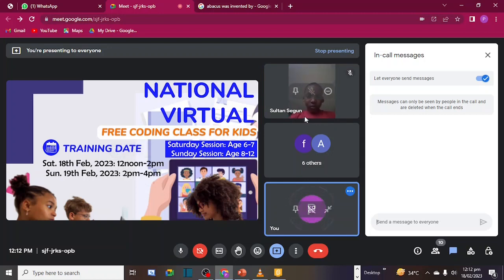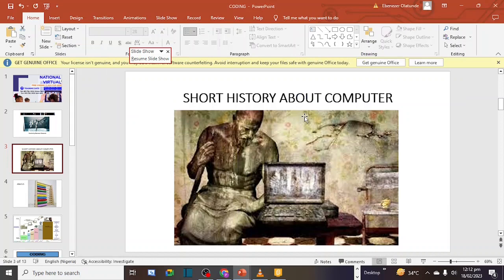I just want us to have a brief look at the computer itself. How did coding come about? It started from somewhere before it got to a point where everyone now needs to be trained on how to program.